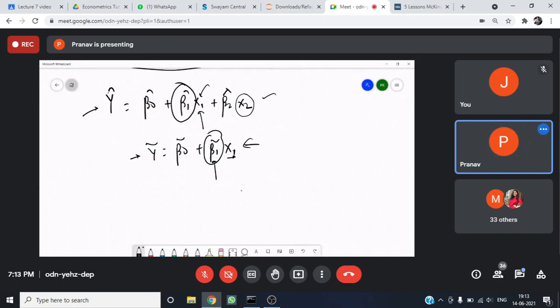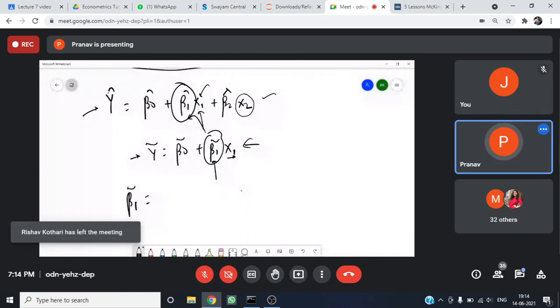Precisely, it is the direct effect of beta 1 hat due to x1 on y hat.